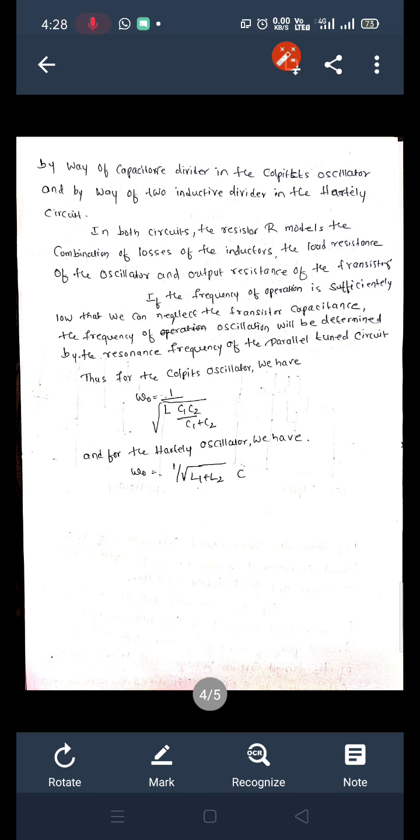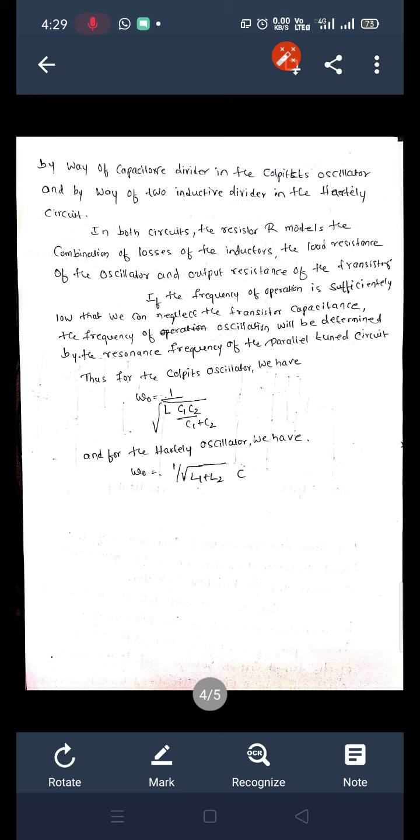Similarly, for the Hartley oscillator, omega naught is equal to 1 divided by the square root of L1 plus L2 times C. This is the explanation regarding the two types of LC oscillator, Colpitts and Hartley. The derivation is out of scope of our syllabus, and we are going to study only the main principle and the required equations.